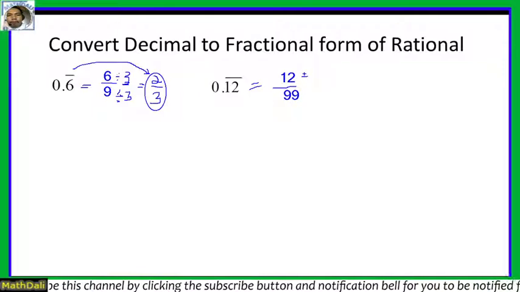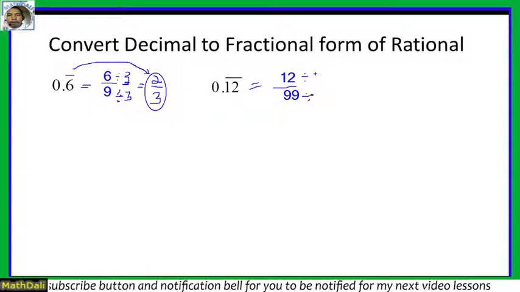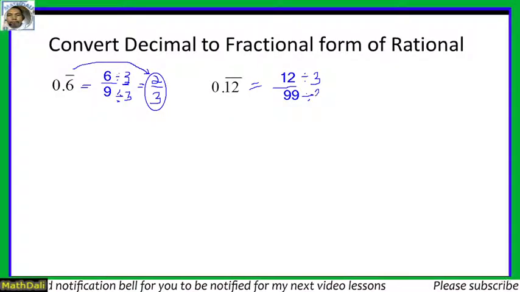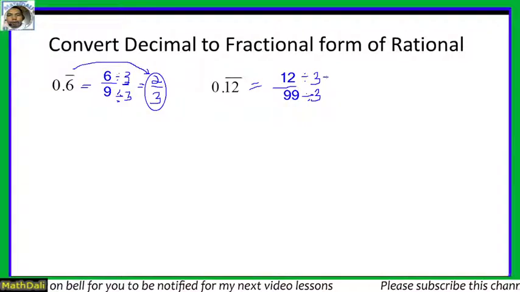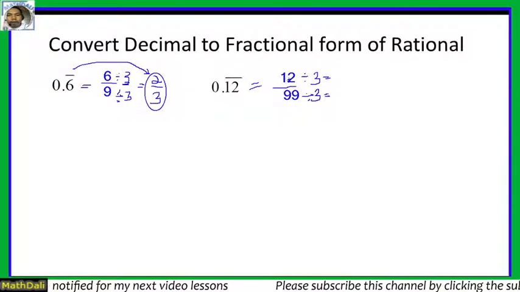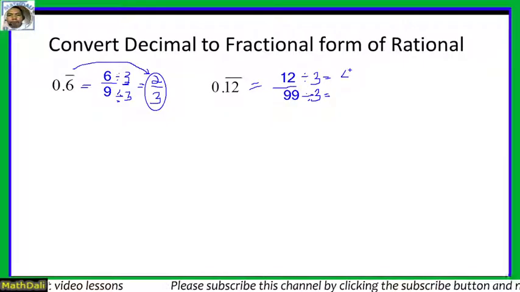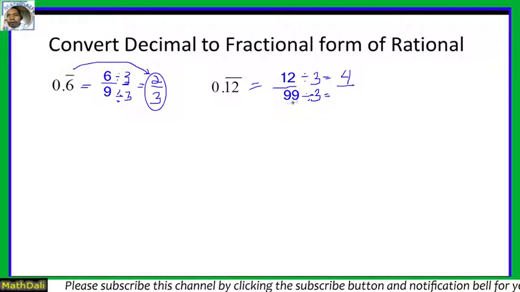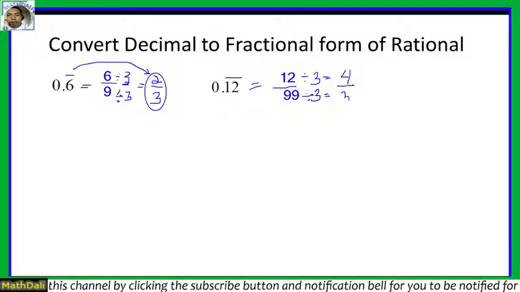Pwede nating i-divide to para ma-lowest term. Lowest term natin to. Divide natin yan both by 3. Again. Okay, so yan. Divide natin. 12 divide nyo sa 3, that is equal to 4. Then we have 99 divide nyo sa 3, that is equal to 33.